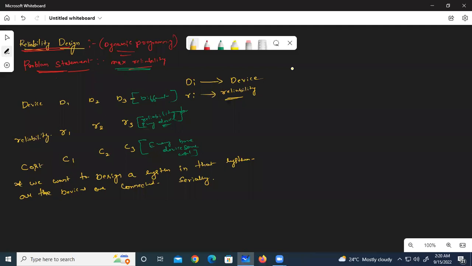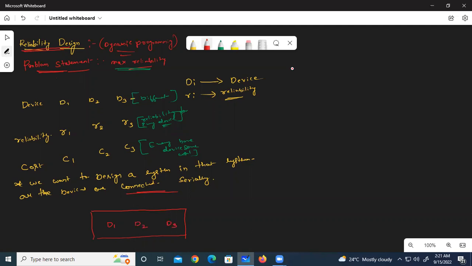Let me tell you what this exactly is. Suppose I wanted to design one system. That is the problem statement here. Assume we have a system like this. Connected serially means I am going to connect the devices serially like this: D1, here D2, again here D3.